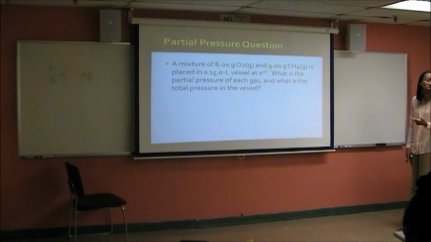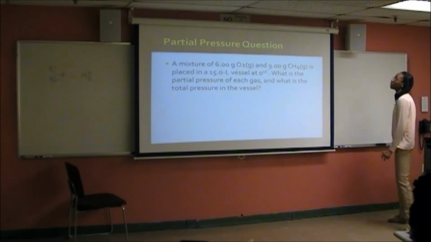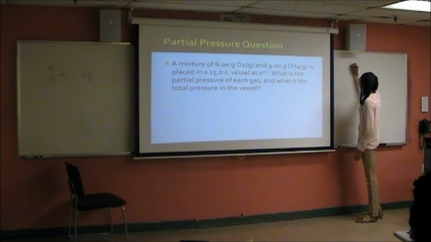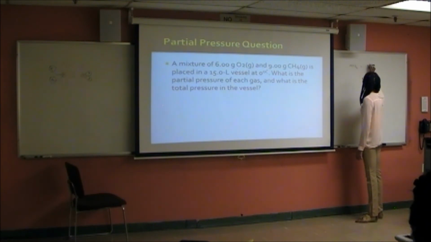You can find moles. So which equation are you going to use? PV equals nRT. So how many moles of oxygen gas do you have? 6 divided by 32. It will be 0.1875.